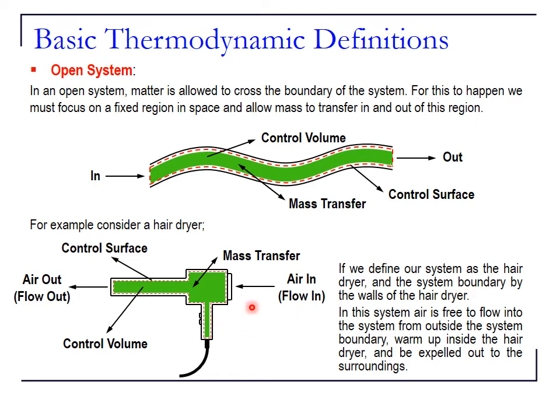In any open system, we're not talking about a fixed mass inside the system, but about the mass flow rate, which is defined by how much mass flows through the system in a fixed time period, for example, per second.